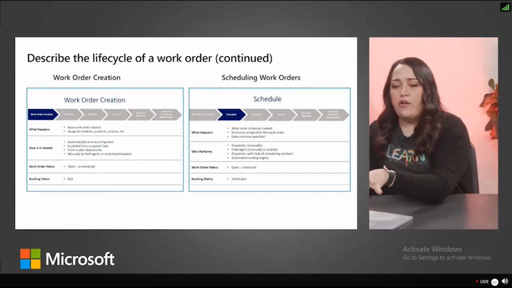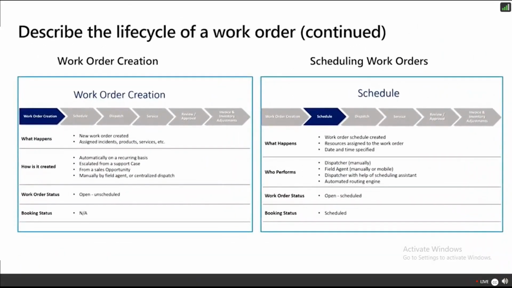So if we look at what we have here on the screen, we first have the work order creation. This usually comes from a case or an opportunity. So the work order status is going to show as open. But as we move into the scheduling phase, this is where your dispatch team can assign technicians to work on the order. And the status is then going to be updated to show as scheduled.